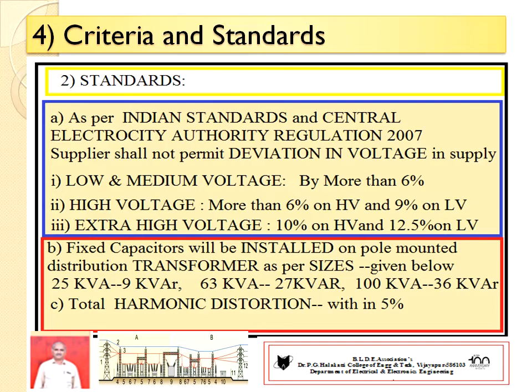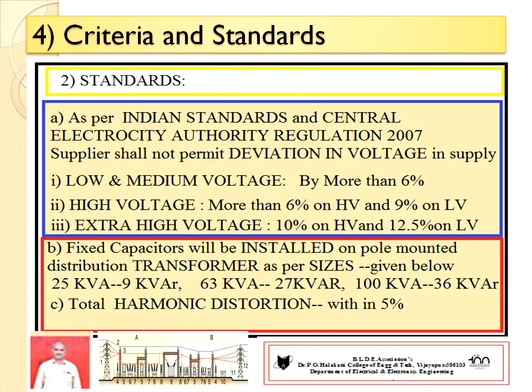It should not be more than 6% fluctuation of voltage. Similarly, for high voltage conditions, it is 6% on the HV side and less than 9% on the LV side. If extra high voltage lines are there, 10% is expected on the HV side and 12.5% on the LV side.